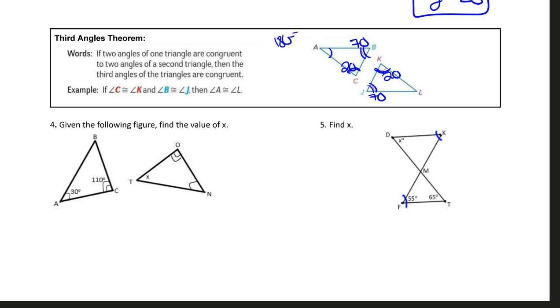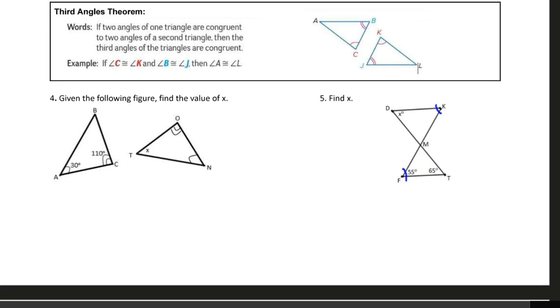So if I take 180 minus 70 minus 20, that gets me 90. And if I take 180 minus 70 minus 20, that also gets me 90. So if two angles are the same, then the third angle has to be the same number because you're going to get the same number to add up to 180.